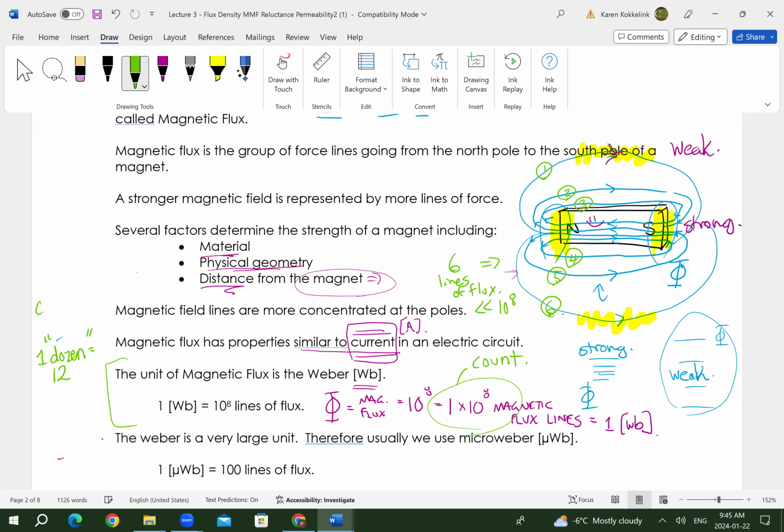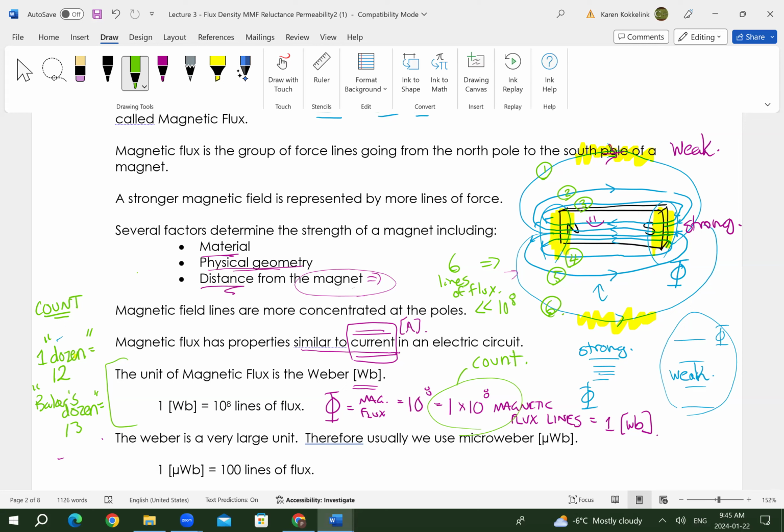So that's a count. We count a baker's dozen. When we count a baker's dozen, we count up to 13, and we call that a baker's dozen. It's a popular count, so we put a name to it.